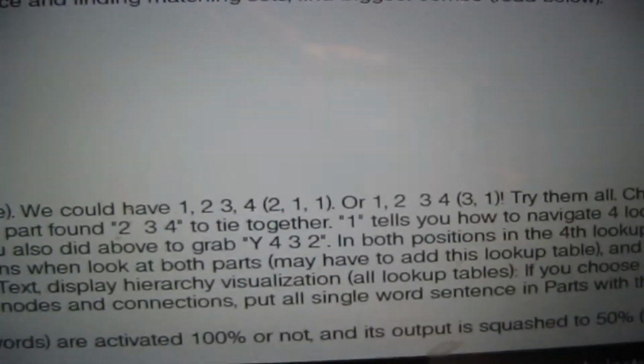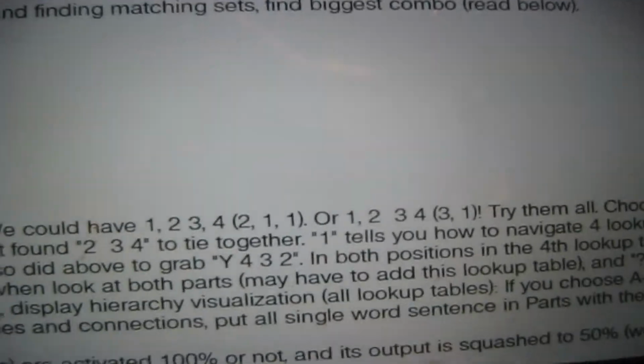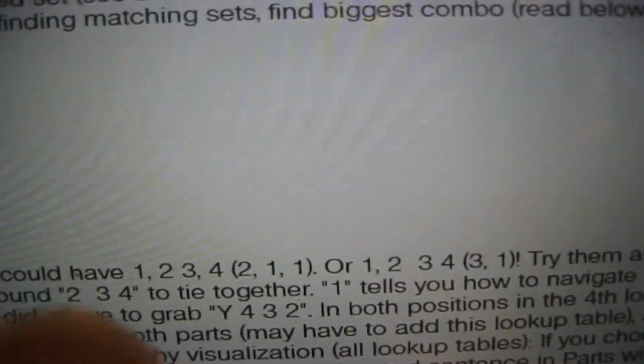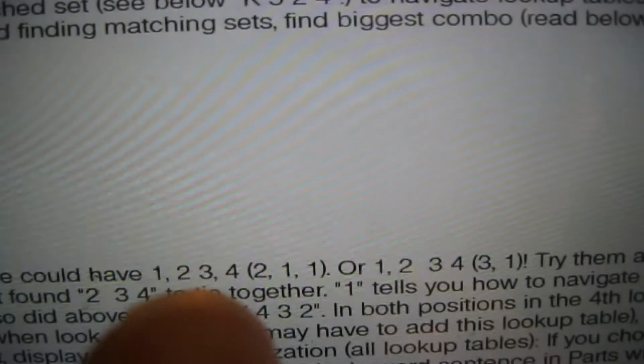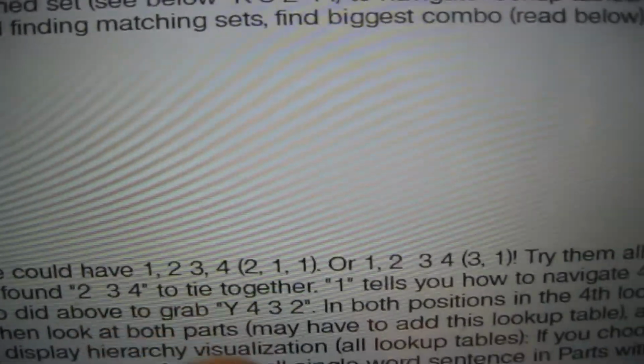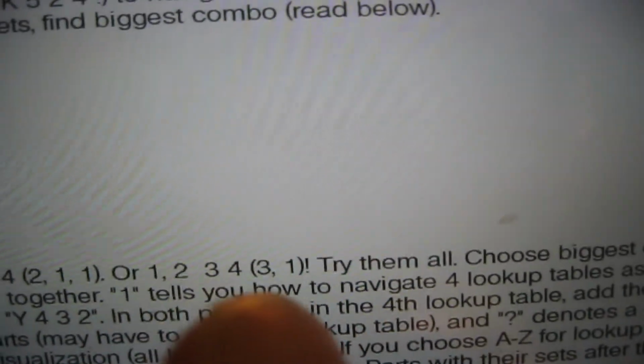So you have a whole bunch of different parts, and you can't use all of them because you want to make the sentence. So you could have 1, 2, 3, 4, and that would be 2, and then that would be 1 and 1, because there's 2 in that one. So that's why I put 2 and 1 and 1. The next one would be 1, 2, 3, 4. And so that is 3 there, and then 1.